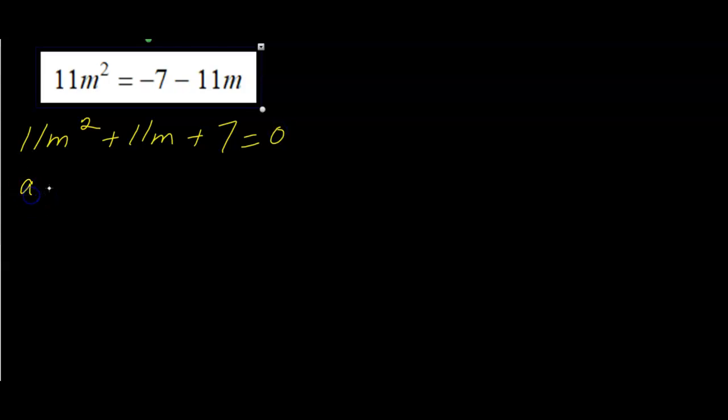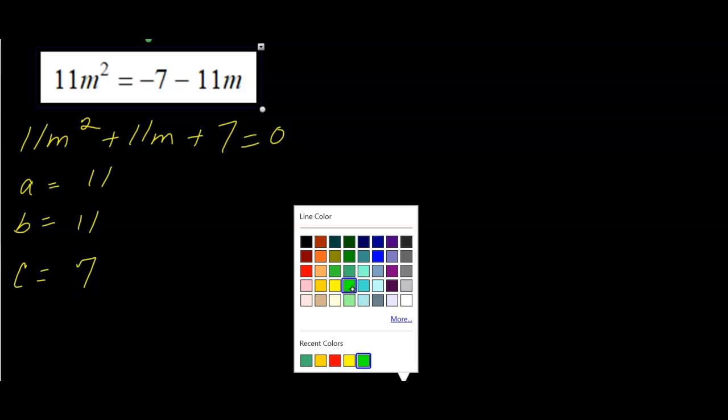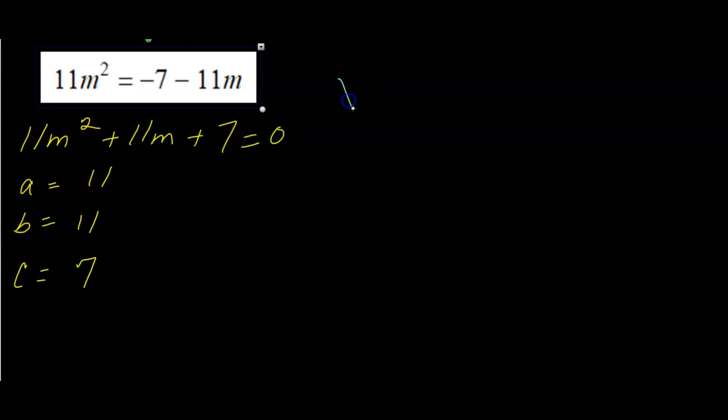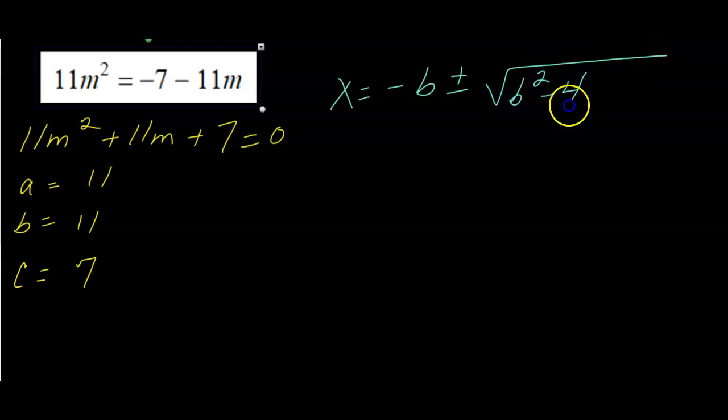Then my a, b, and c are easily identified because this is in standard form. So this is 11, this is 11, and this is 7. So write your quadratic formula. x equals negative b plus or minus the square root of b squared minus 4 times a times c, all over 2a.